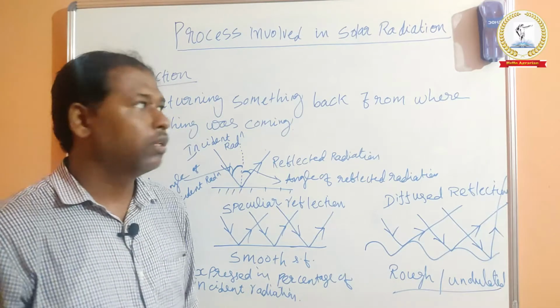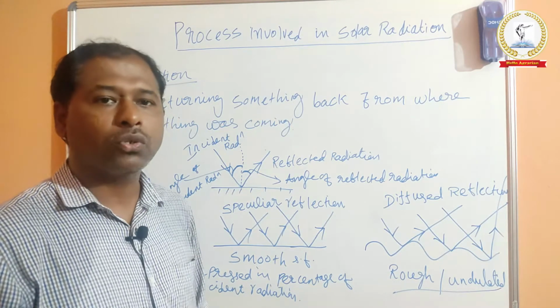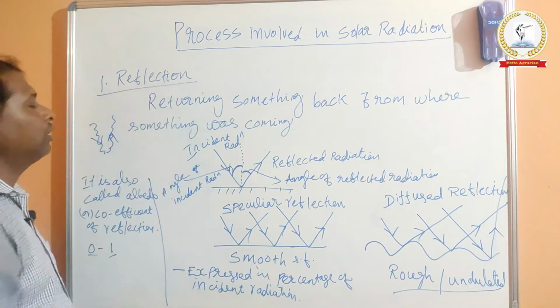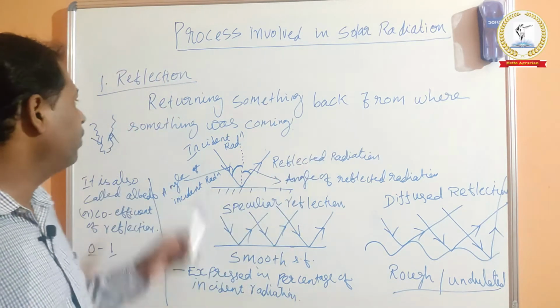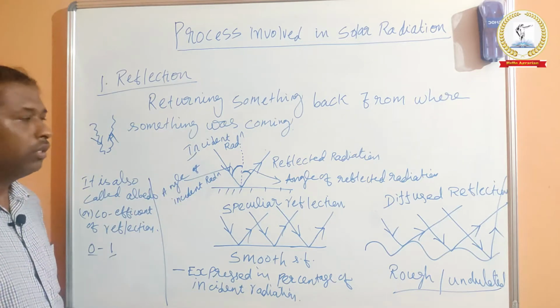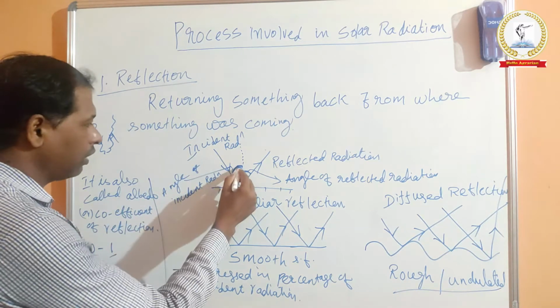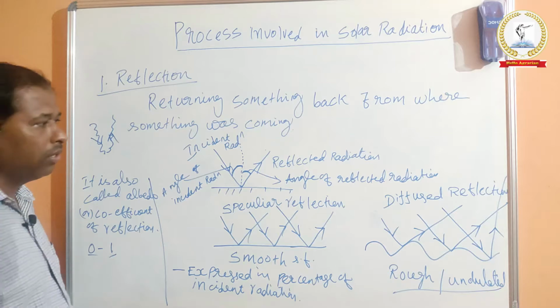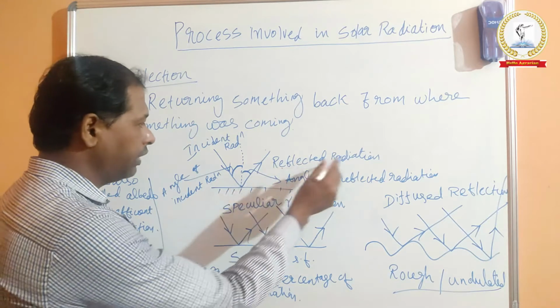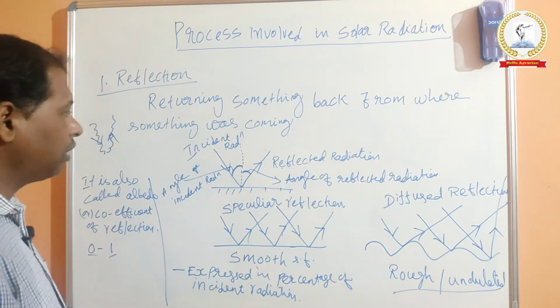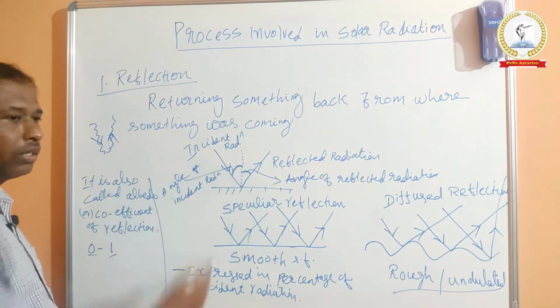So this is about reflection of incoming solar radiation. Reflection means returning something back from where it was coming. The angle of the incident radiation and the reflected radiation are equal, so the reflected radiation is totally dependent on the incident radiation.